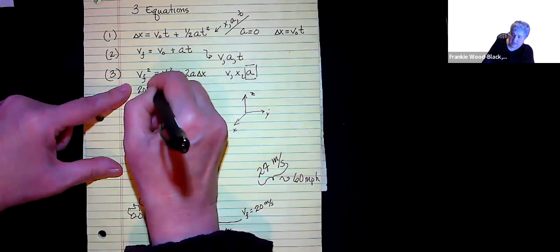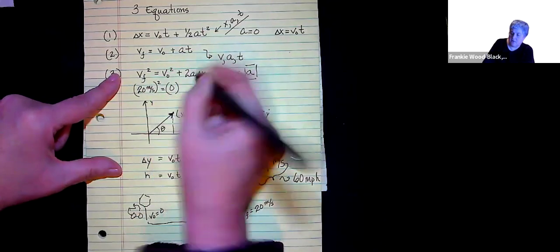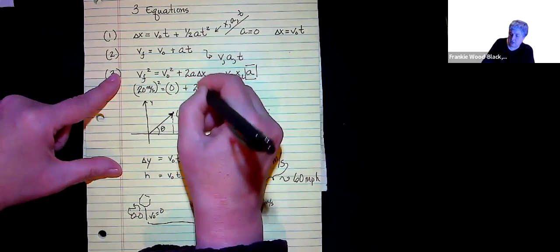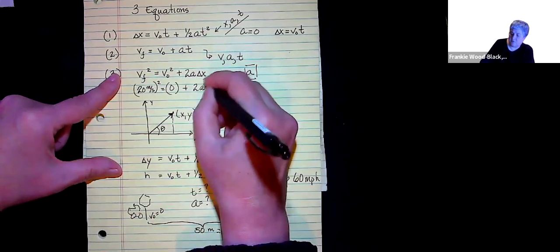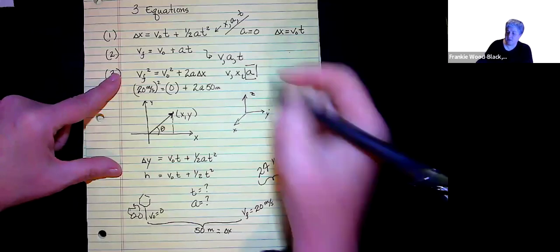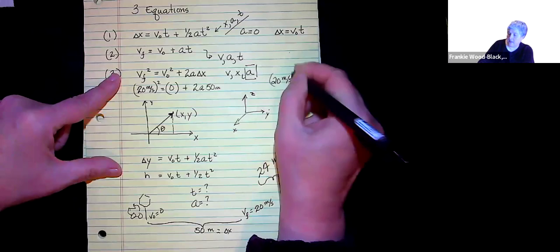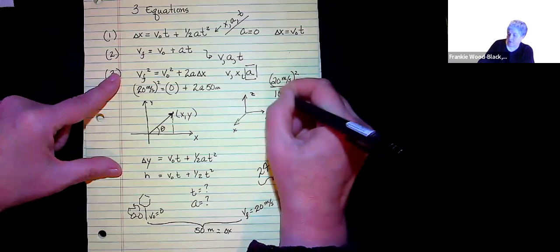So I'm going to do 20 meters per second squared. My initial velocity was 0 times 2 times my acceleration times 50 meters. Well, 2 times 50 is 100. So now I get 20 meters per second, and that's squared divided by 100.